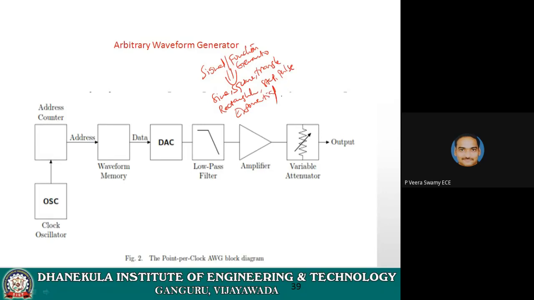Please see it one more time. These signal generators or function generators are used to generate sine wave, square wave, triangular, rectangular, step, pulse, exponential.